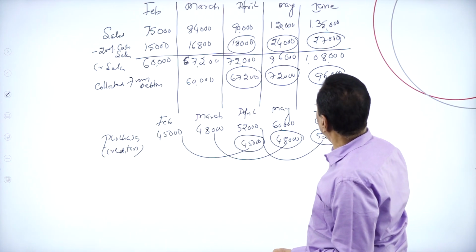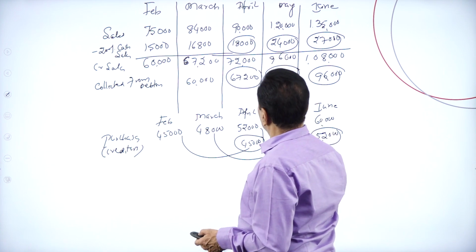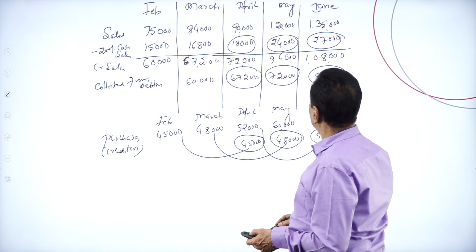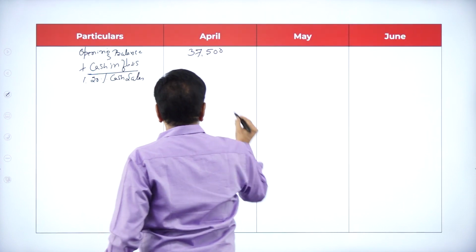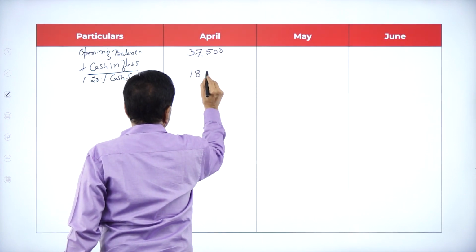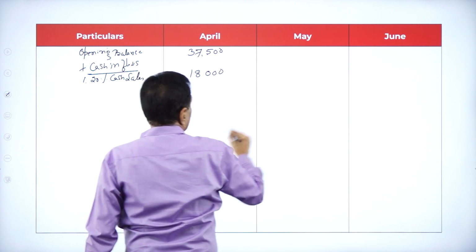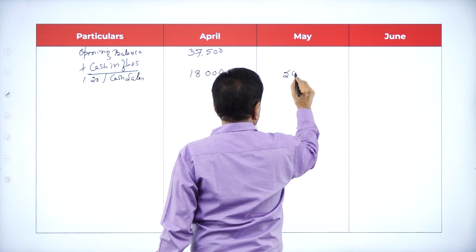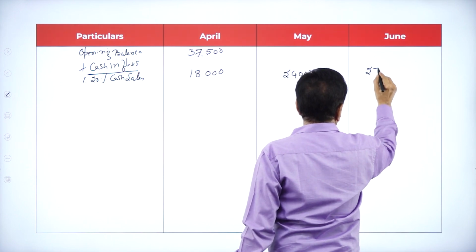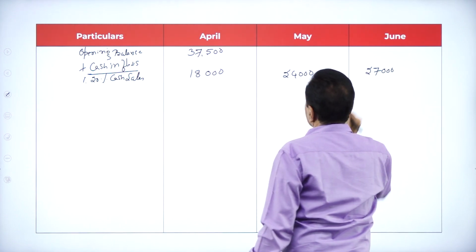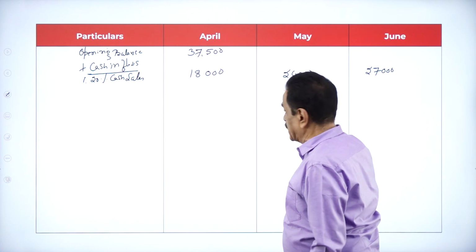See the working note. 18,000, this is cash sale. 18,000, 24,000, 27,000. So paid immediately.